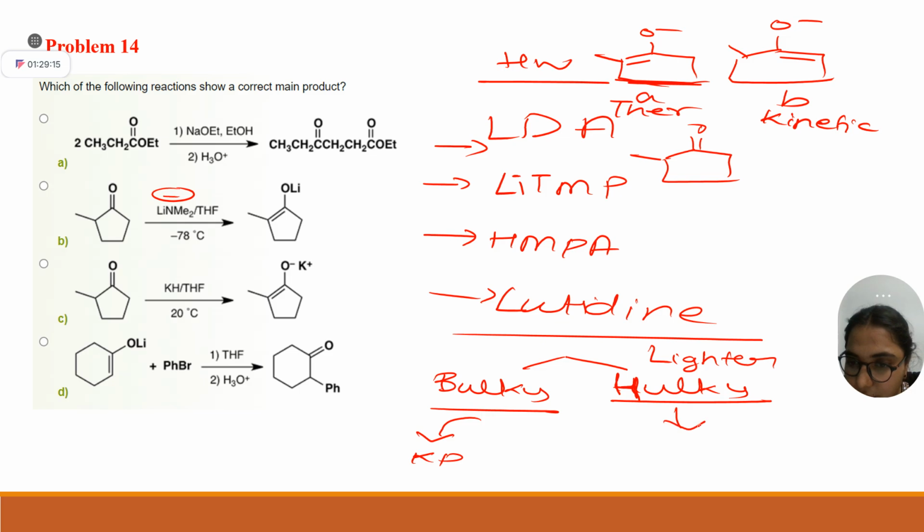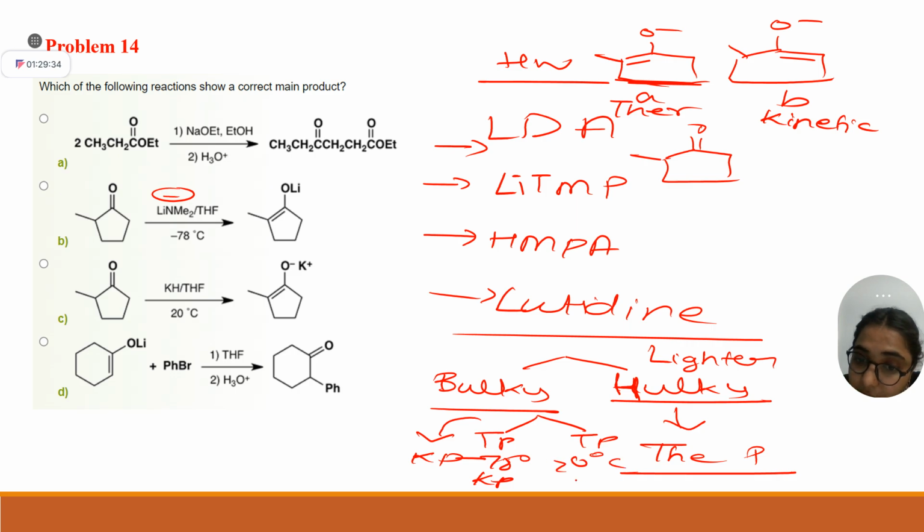Lighter bases are going to give you thermodynamic product, right? Moreover, there are temperature dependent things also. At minus 78, you will get your kinetic product, but as you increase the temperature above zero, you will get thermodynamic product as well in your bulky bases also. Understood?